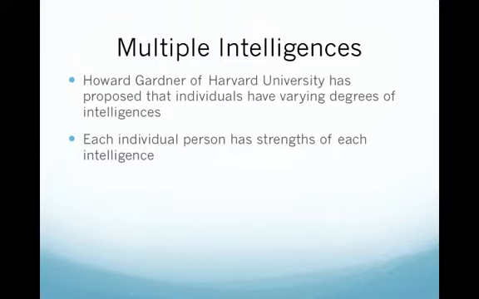So, this is the theory by Gardner at Harvard University, that we already have multiple intelligences. So we should look to our strong points, harbor those strong points, and use those to branch out in other areas.